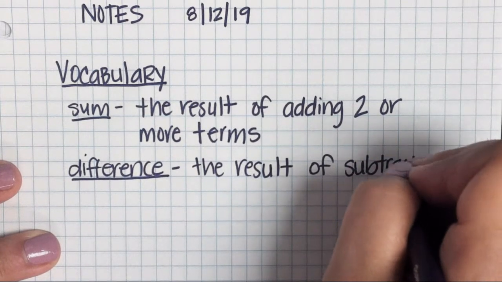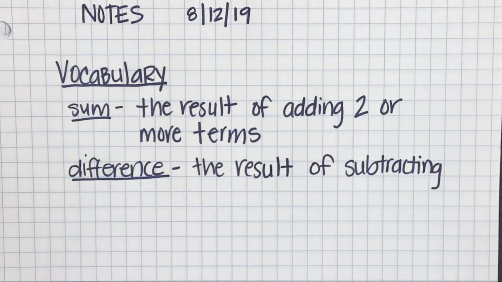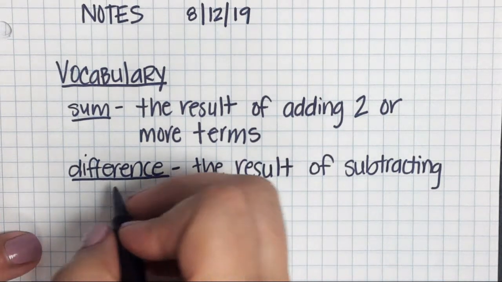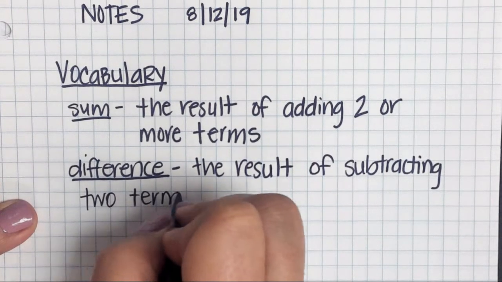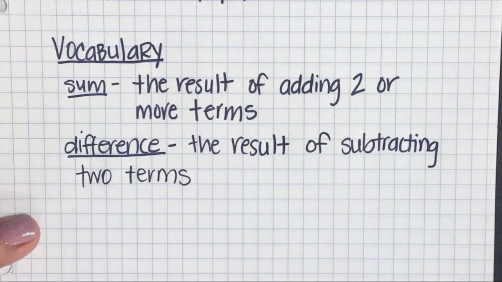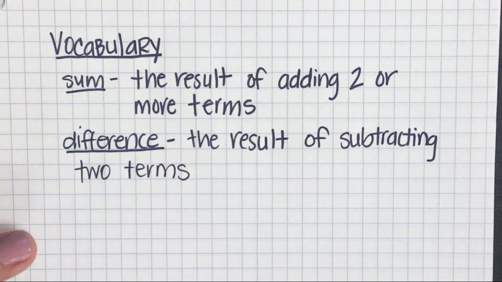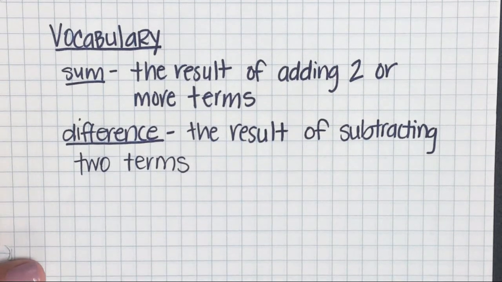Now, can we subtract more than 2 things at once? Not really, because we're really technically adding 2 numbers together and subtracting. If we're doing 3, yeah. So we're going to say the result of subtracting 2 terms. Because it's just 2 terms, it's not 2 or more. So that takes care of addition and subtraction.